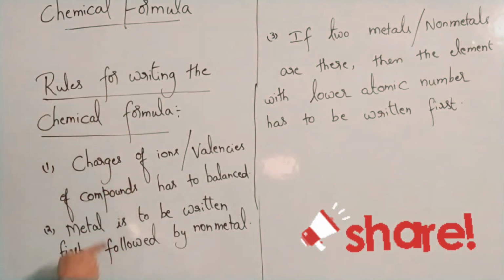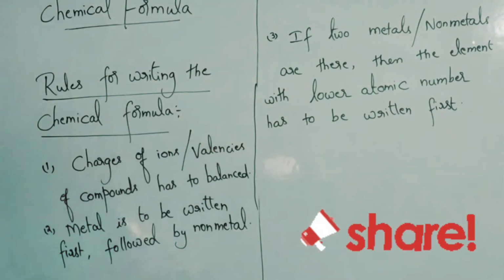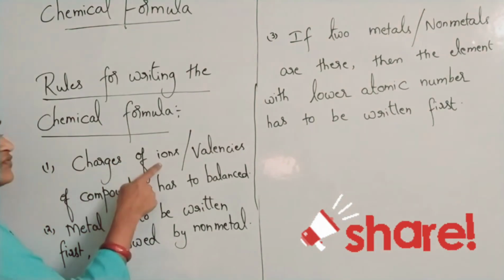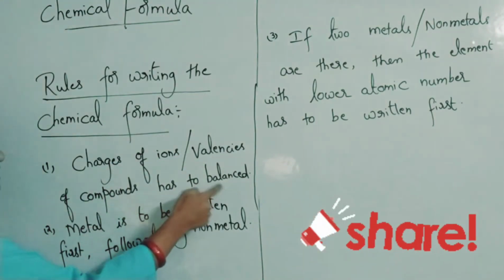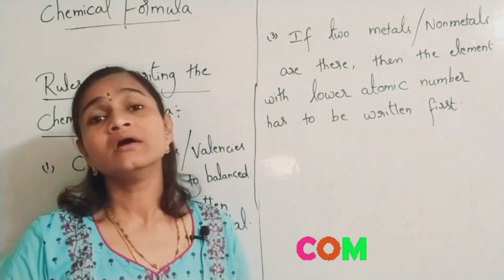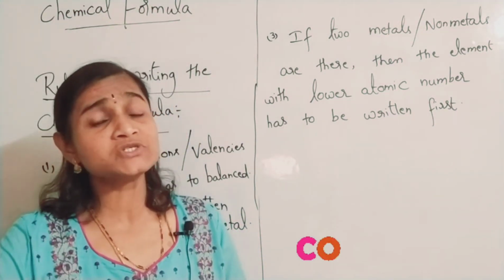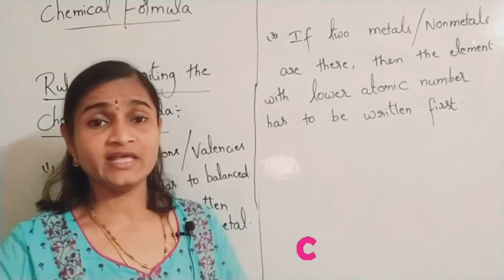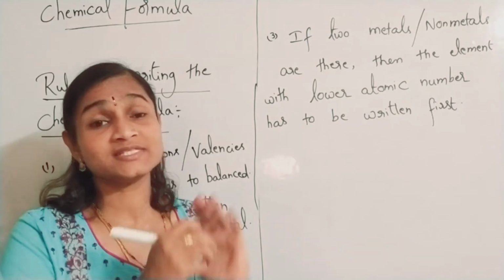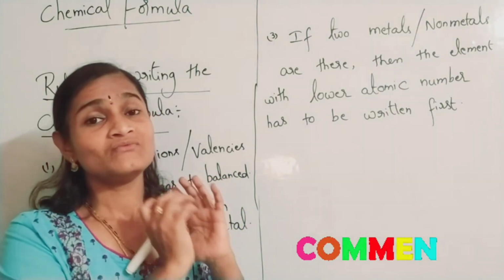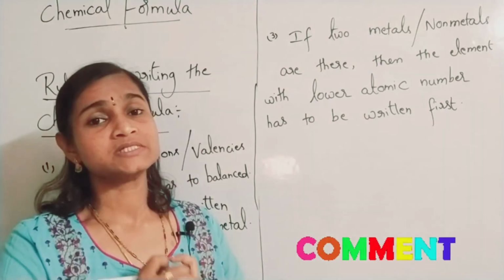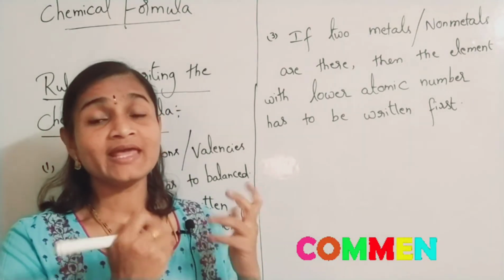Let us once read the rules, and accordingly we'll learn certain examples. Charges of the ions and valencies of the compounds have to be balanced. That is the thing you have to remember. You are not supposed to change the charge on the ion or the valencies of the compounds. They are always fixed numbers and cannot be changed.